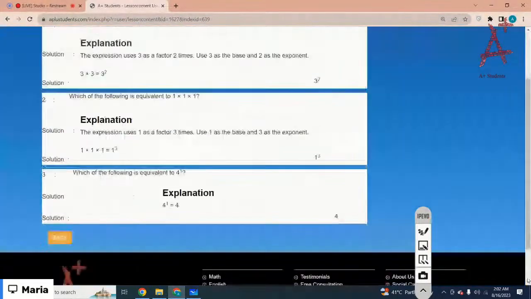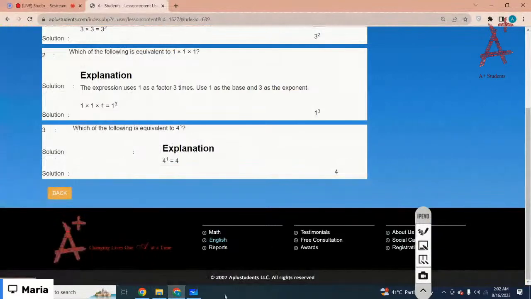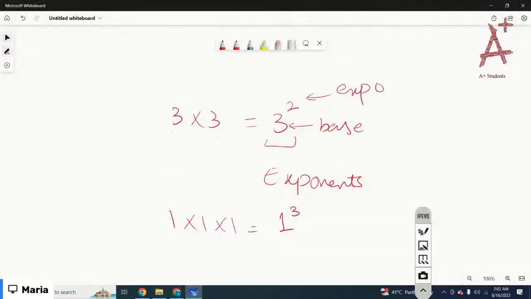The next example is: which of the following is equivalent to 4 exponent 1? These are two very important things. Any number that has the exponent 1 equals the same number, and any number with exponent 0 equals 1. You can note it like this: x exponent 0 equals 1 and x exponent 1 equals x.